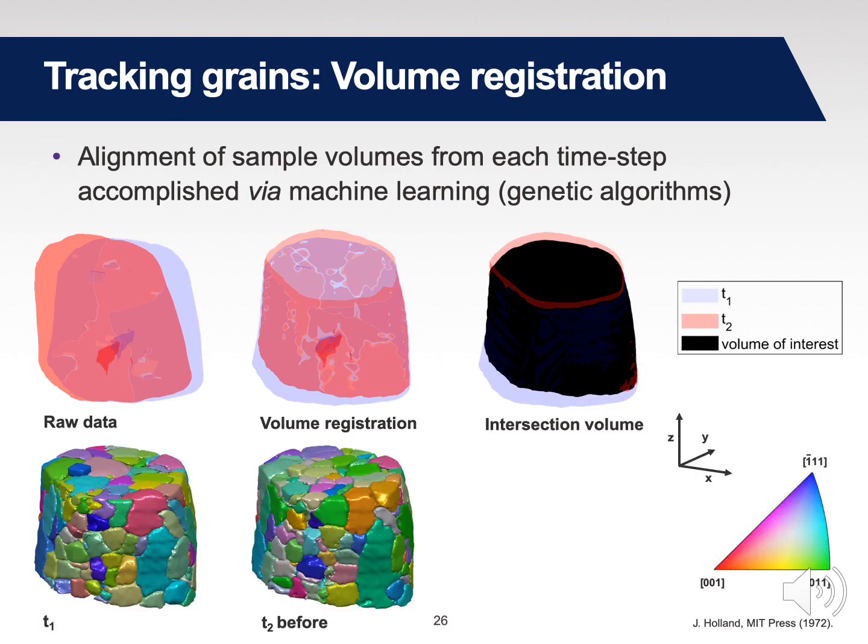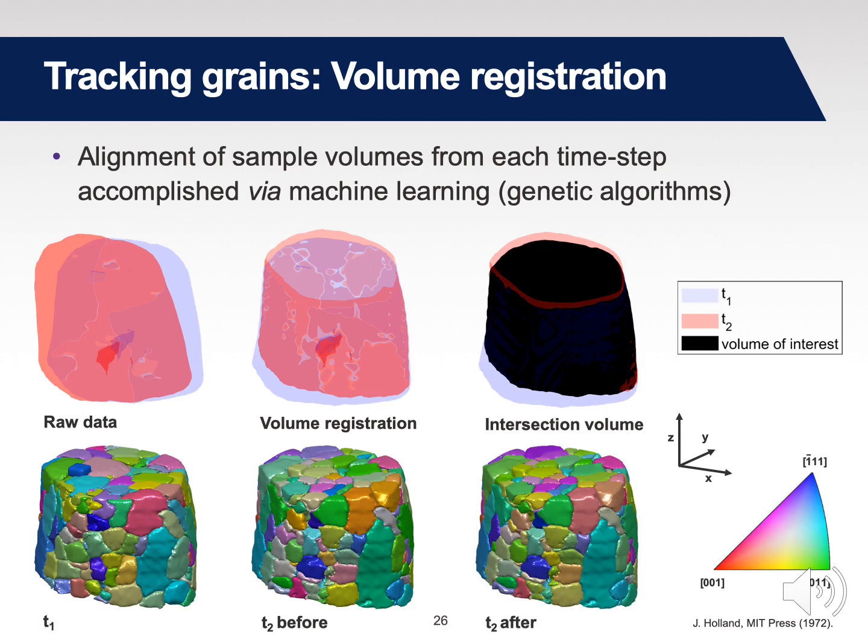And here I show you also the grain maps of these two time steps, T1 and T2. And after we do the alignment, we can restore the grain orientations. And you can see that there's good agreement of the grains before and after the anneal segment. So this tells us that the grain orientations don't really change that much. You don't have the influence of grain rotations here in the registered data.